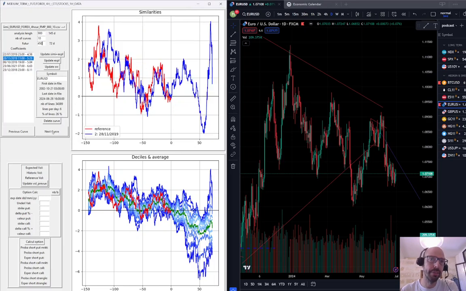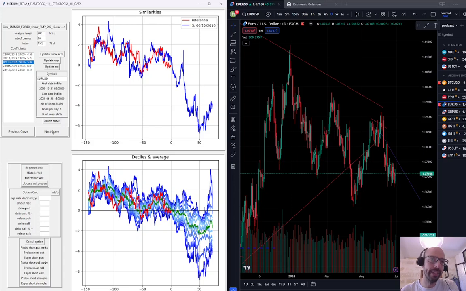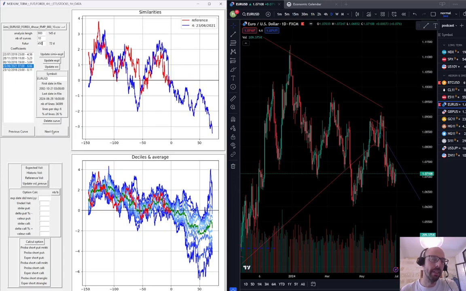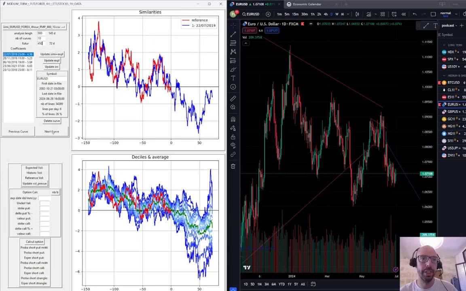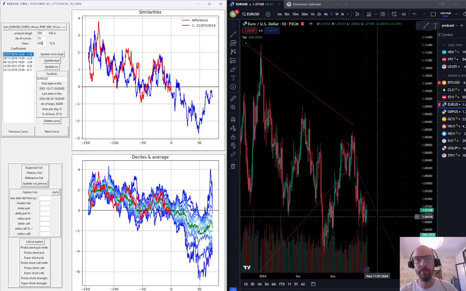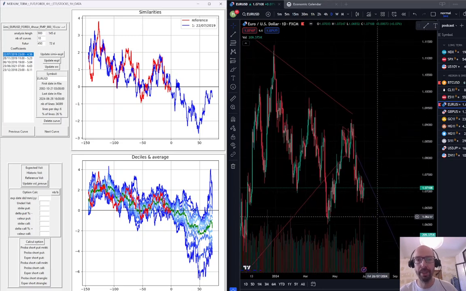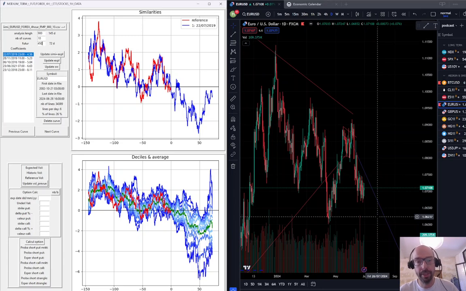The fit is bad, and technicals are not great either. But still, if we look at the global shape of each result, it's going down minus 2% over the next 50 days.